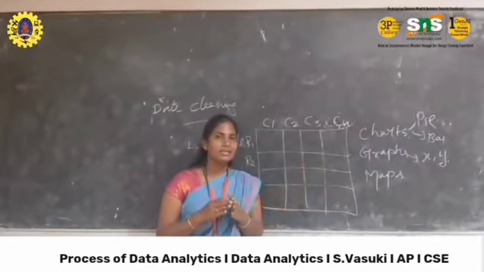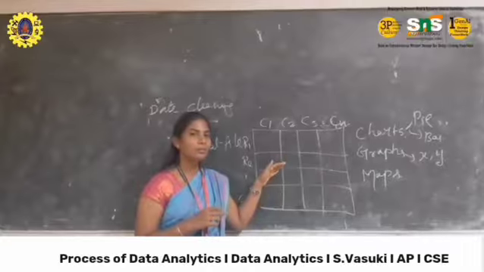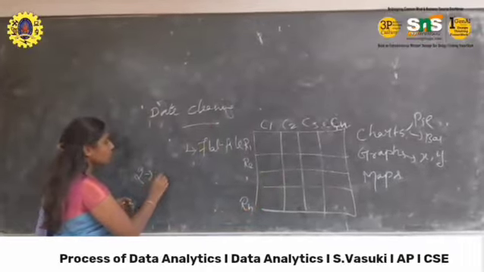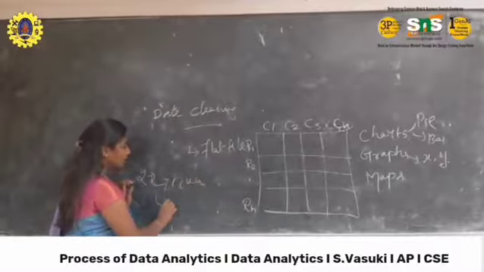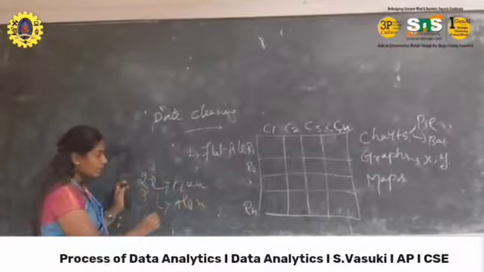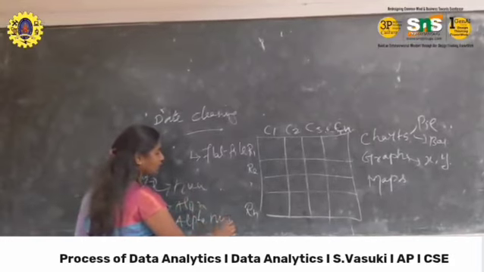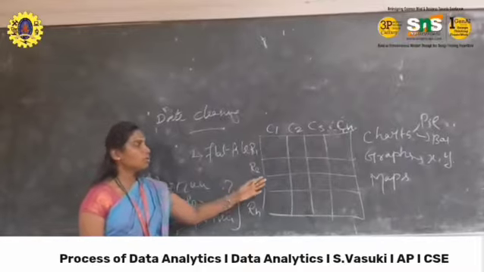Data analytics is nothing but, if you are taking n number of data, this data may be present in types. The first one is numerical data, the second one is alphabetical data, and the third one is alphanumerical data. These three types of data may be present in these rows and columns.